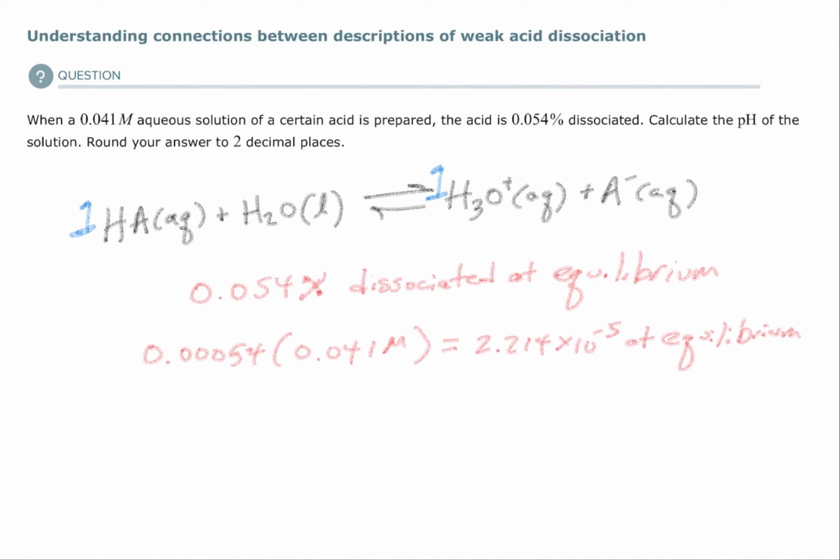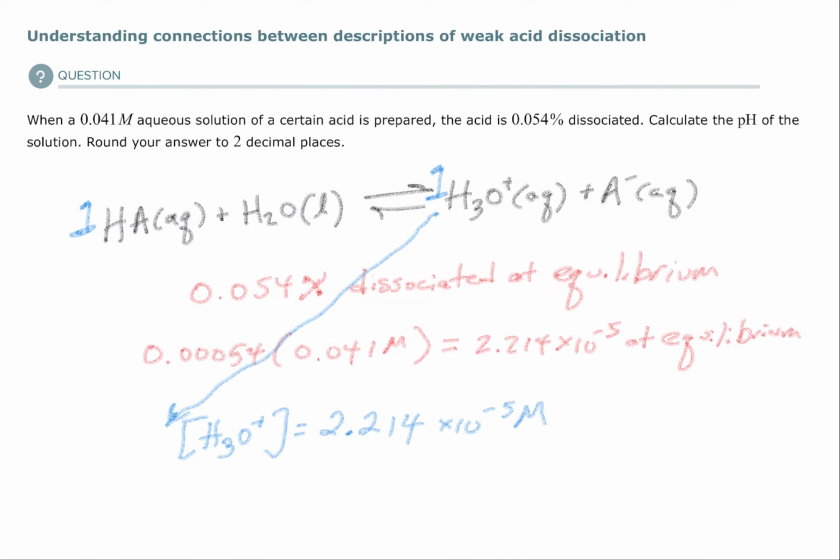Then I realize that it's a 1-to-1 relationship, that the hydronium is the same number of moles as my weak acid. So if I know the acid's molar concentration at equilibrium, then I also know hydronium. Okay, that means that at equilibrium, the hydronium concentration is 2.214 times 10 to the negative 5.